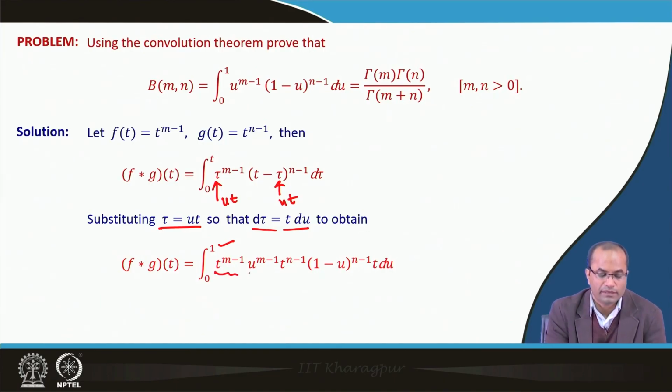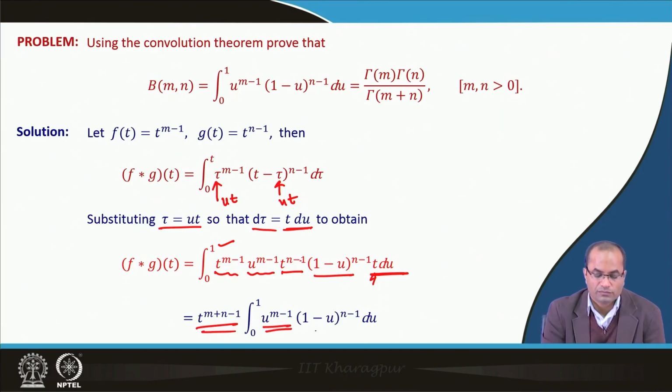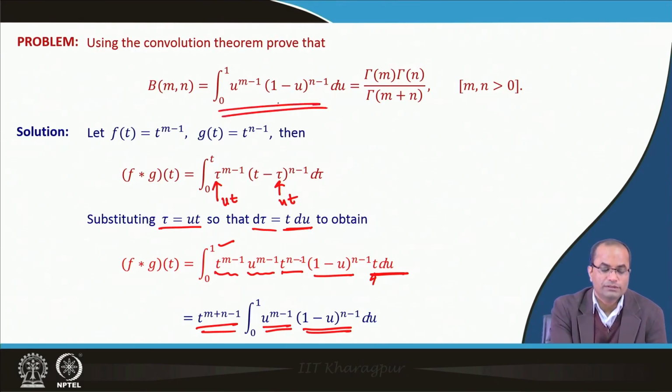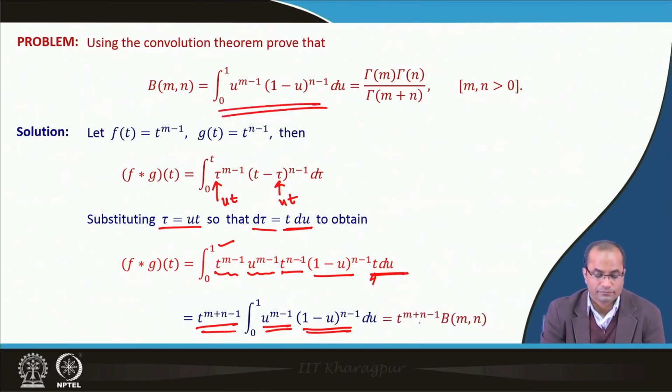So, we have t^(m-1) u^(m-1). Also, we can take t^(n-1) common and then we get (1 minus u)^(n-1), and d tau will be t times du. So, we collect the t powers: m minus 1 and n minus 1 and then one more, so t^(m+n-1), and we have the integral from 0 to 1 of u^(m-1) (1-u)^(n-1) du, which is the beta function.